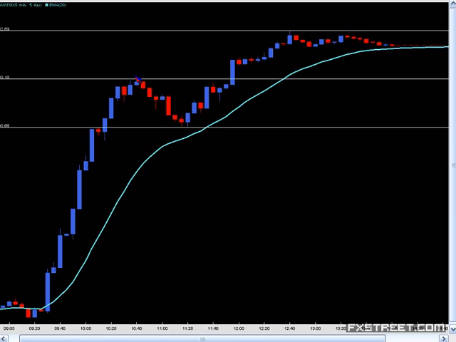Or scenario B, the sellers said, hey, this is too extreme, we believe this is overvalued, so we're going to enter the market and push back. Either one of those scenarios tells me it's a very critical level from a price action perspective.